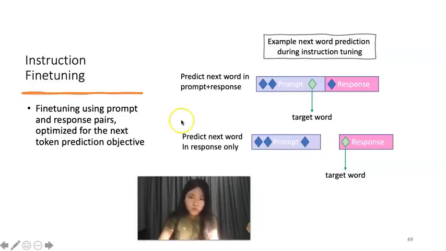The first one is to predict the next word in your prompt and response, so you consider every word in your prompt and response as your target word during instruction tuning. You can also consider only the tokens in your response, and basically zero out any loss for your prompt words. That is, you predict the next word in the response only.